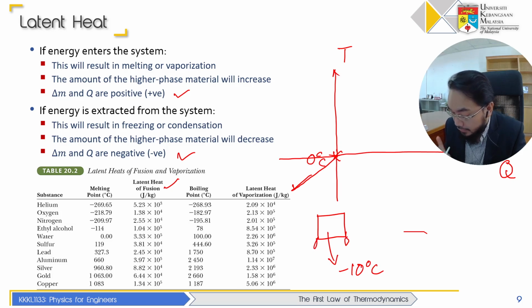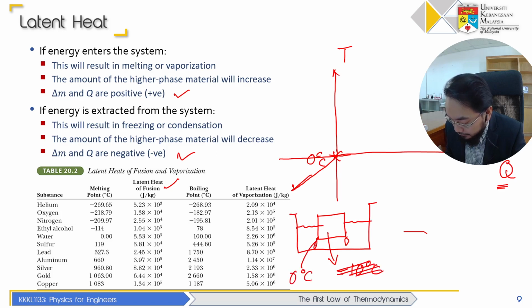As it does so, you keep supplying increasing amounts of Q, but the temperature will remain at 0 degrees Celsius, because at the phase change temperature the water and ice mixture stays at 0 degrees Celsius. As long as there is ice, the temperature of the water and ice will be 0 degrees Celsius.